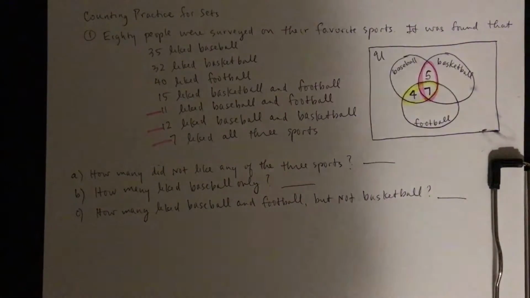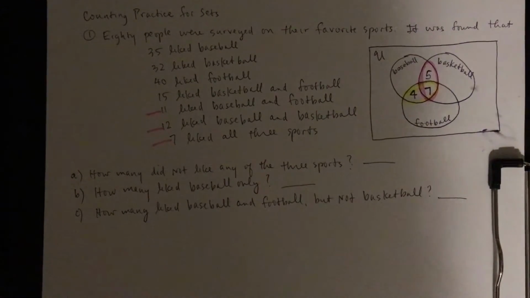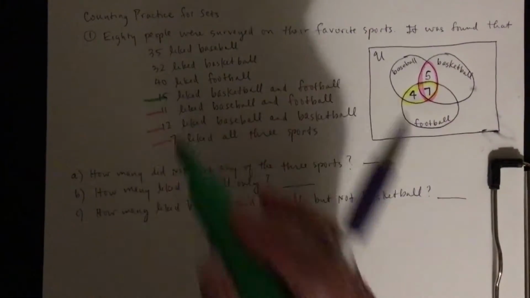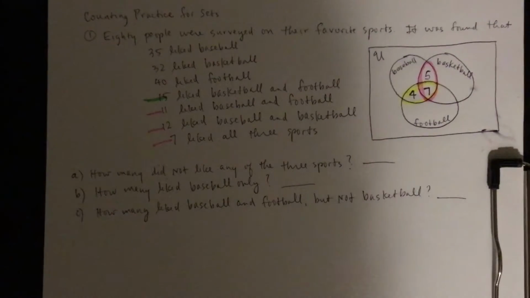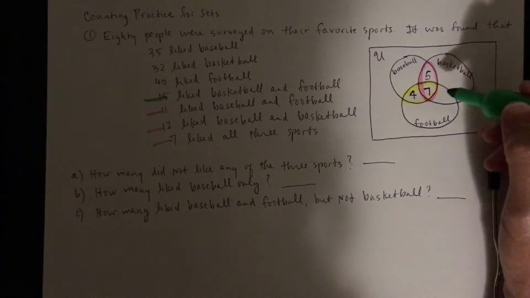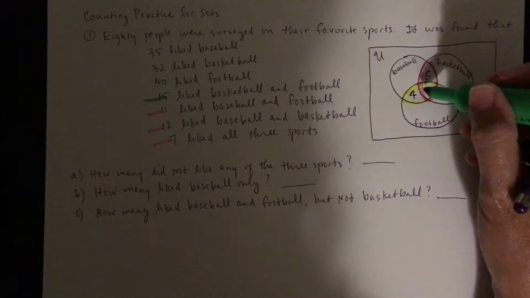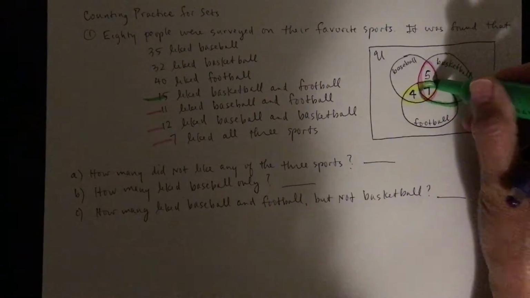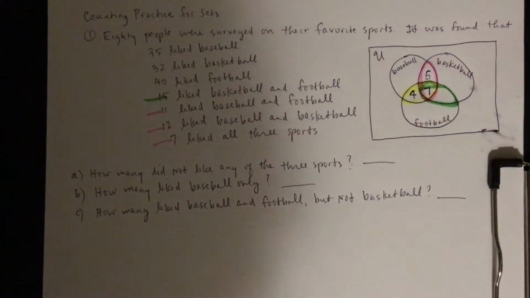We move up again on the list of who liked what, and I see that 15 people liked basketball and football. So let me identify the portion on the Venn diagram for basketball and football, and it's these 2 segments where basketball and football intersect.